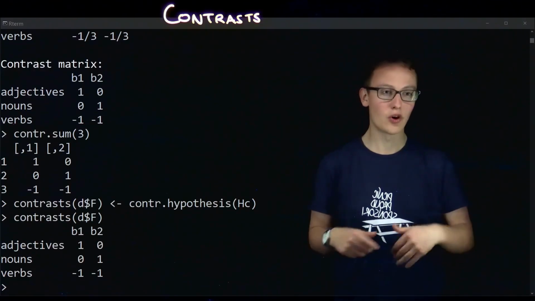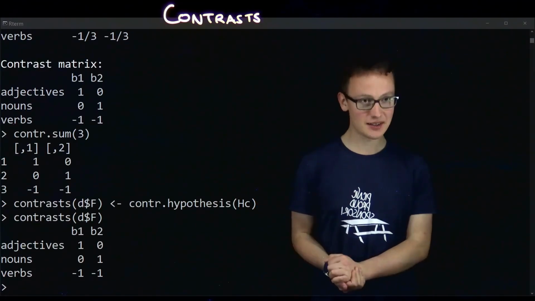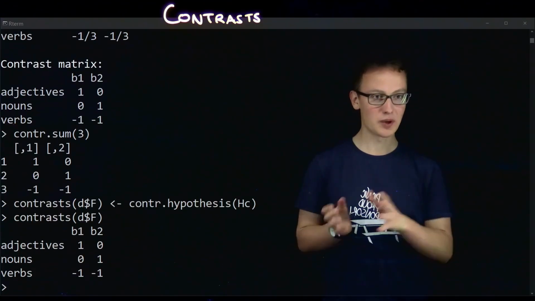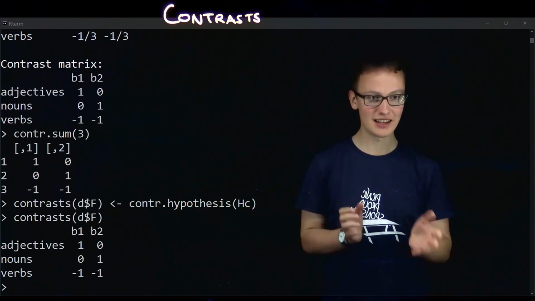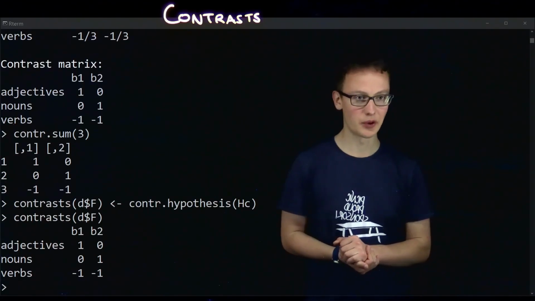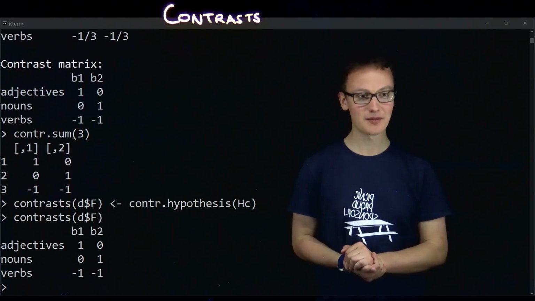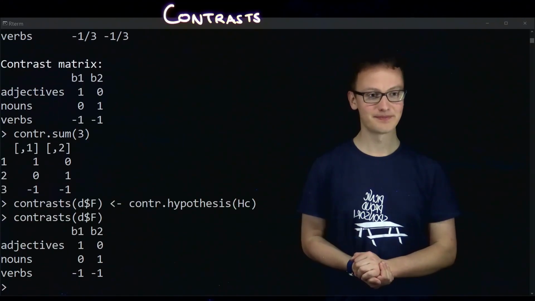So these were our homemade sum contrasts. And now, as a next illustration of how we can use this hypr package quickly and easily, we are going to see how we can create our own homemade repeated difference contrasts. Okay, so that's what we are going to look at next.